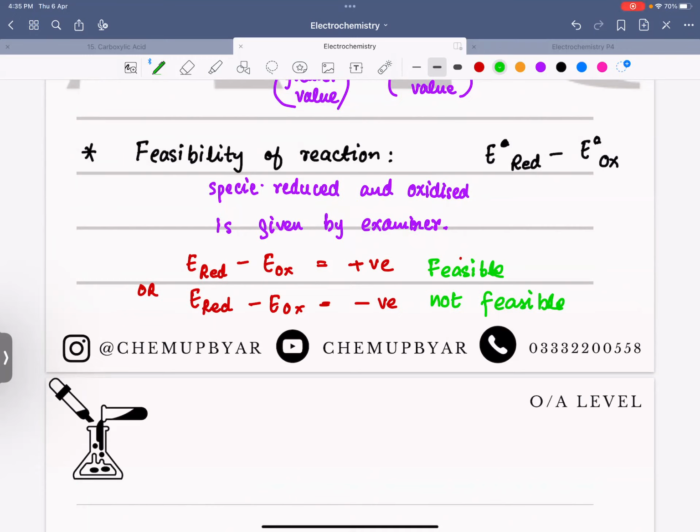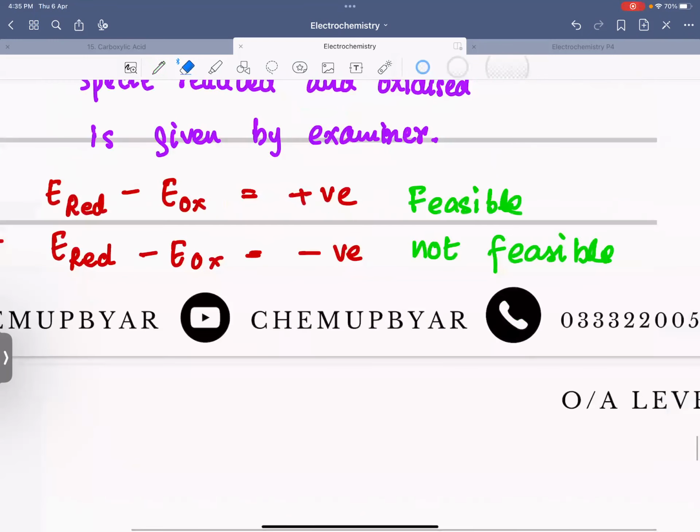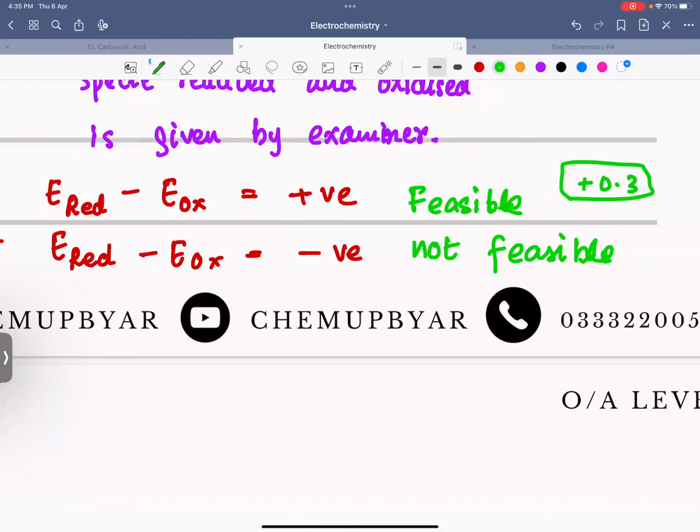Okay, I recall the case is like this. If you get a positive answer under positive 0.3, within this range, then we can say that this reaction is feasible in standard conditions, but we cannot be sure of its feasibility under non-standard conditions.